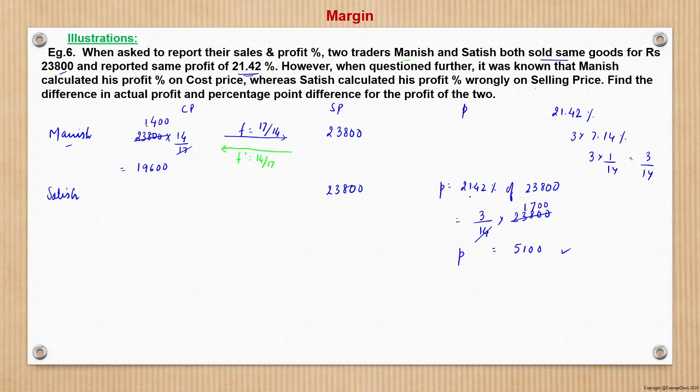Profit percentage he cannot say 21.42. He cannot say profit percentage, right? 21.42 of this 23,800 is a margin, right? So now the profit here is 5,100. So what would be the cost price? 23,800 minus 5,100, which will be 18,700, right?